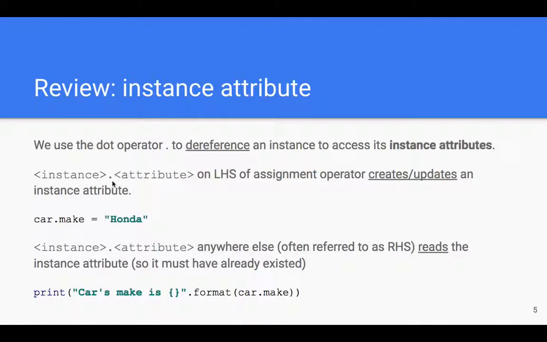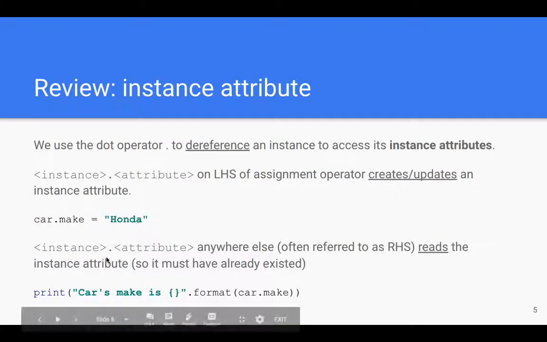So instance dot attribute, if it is on the left hand side of an assignment operator, creates or updates an instance attribute, just like a variable on the left hand side of an assignment operator creates or changes that variable. So the same thing works here. Here is how we either create or update an instance attribute, make, and give it a value.